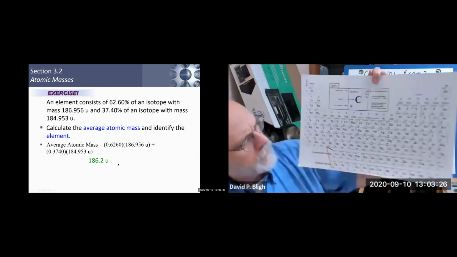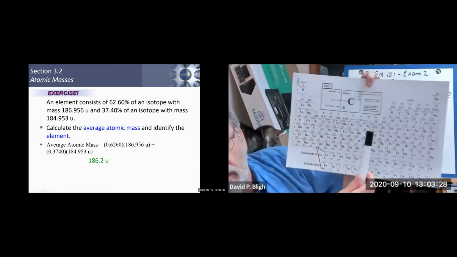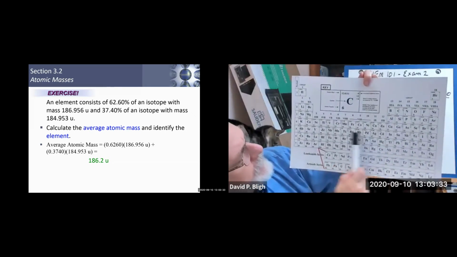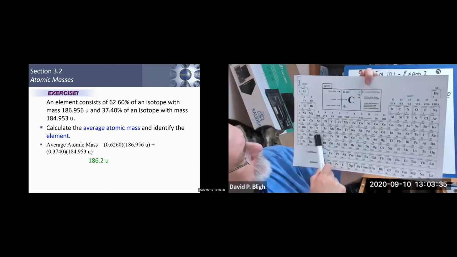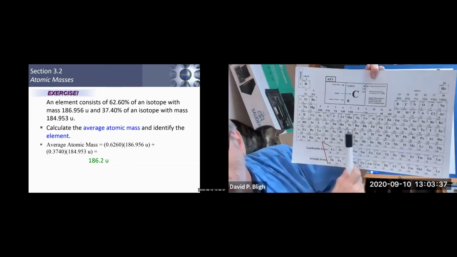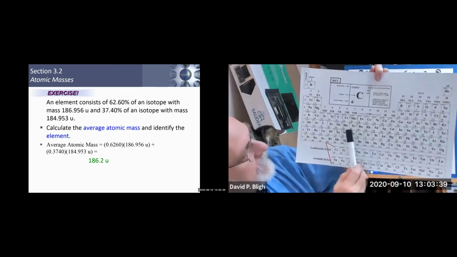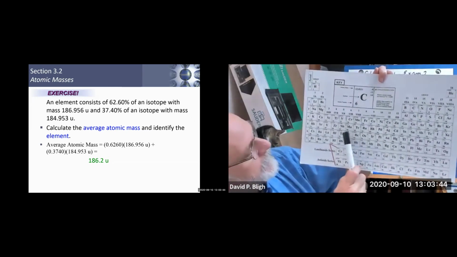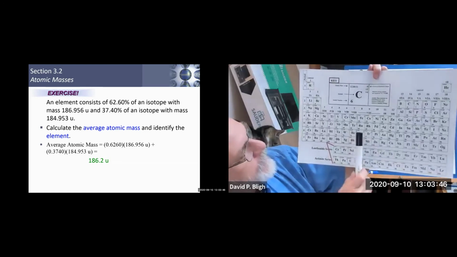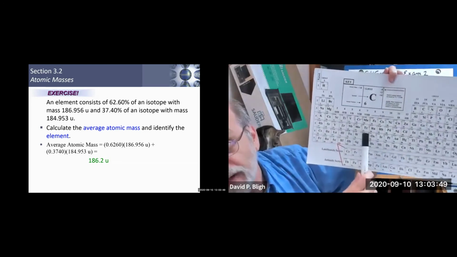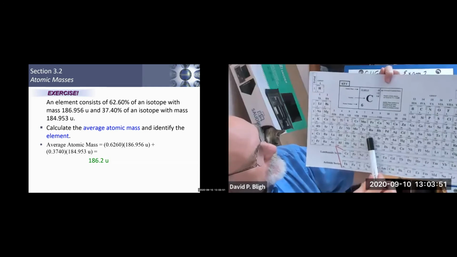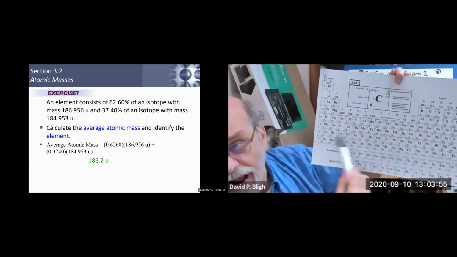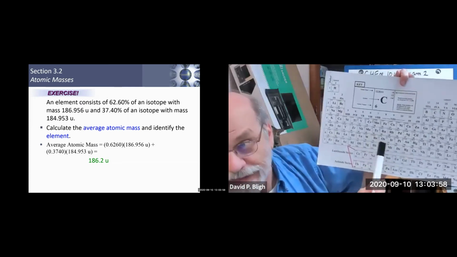So we look along here, and we see it's getting bigger and bigger, and just keep going until you find close to what you want. There's W. Tungsten is 183.85, so it's not quite heavy enough. The next one, 186.207, is probably a good candidate. Let's go beyond it: osmium is 190. So we bracket it in. It's probably rhenium.